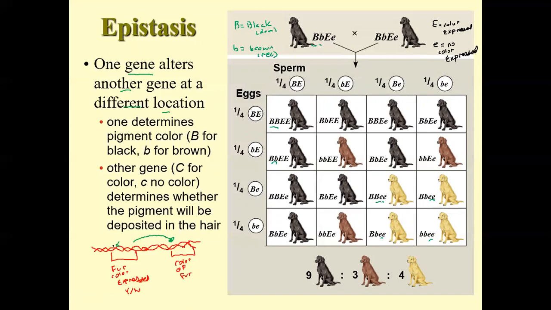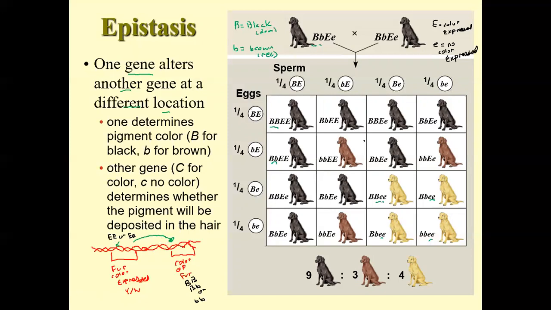If this is my little diagram over here, if you were big E, or big E, little e, according to the dog's genotype, that means he's actually going to express color. Well, what color? Well, that's going to be determined here. If they're big B, little b, or little b, okay?